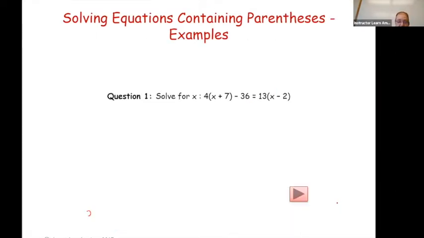Now let's look at another example involving the solution of an equation containing parentheses. Remember, first we have to do the multiplication, so we have to clear the parentheses. So we're going to have 4x plus 28 minus 36 equals 13x minus 26.